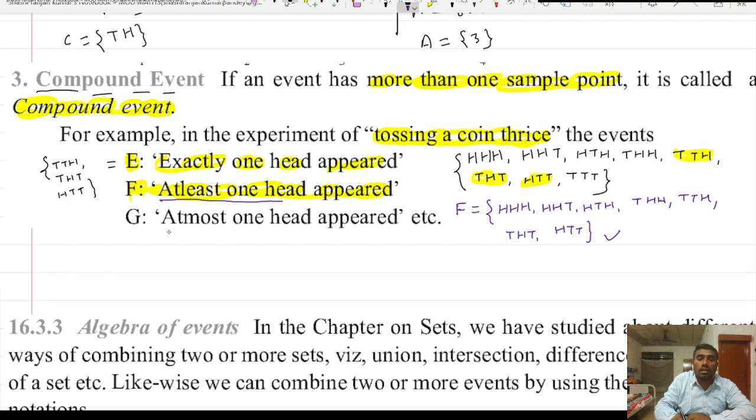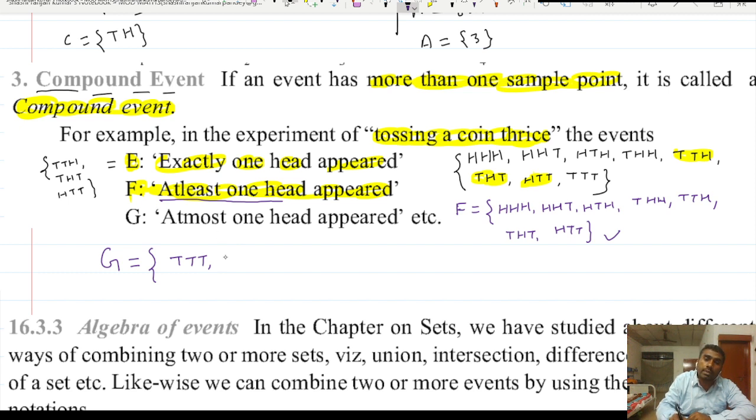Similarly, let us write this G also. G is the event in which at most one head appeared, meaning maximum one head. So what are the cases? At most one head means we have to remove the cases with more heads. TTT, meaning no head, is acceptable.